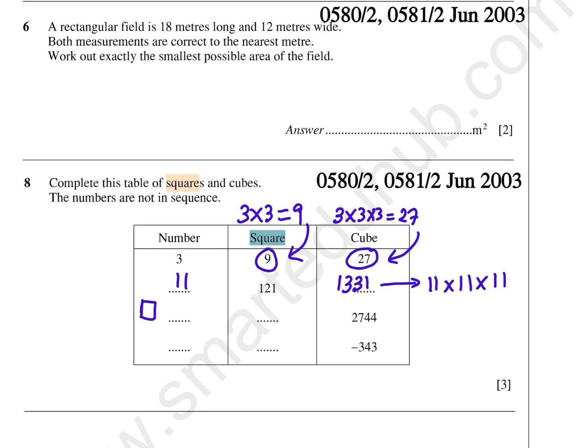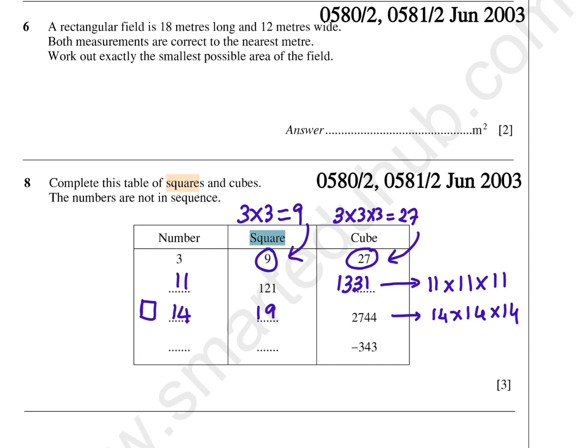So the cube root of 2744 is 14. So 14 is the number, and the square of 14 is 14 into 14, that is 196. If you want, you can check it by multiplying 14 thrice. Am I getting 2744? So 14 into 14 into 14, that is 2744, right?